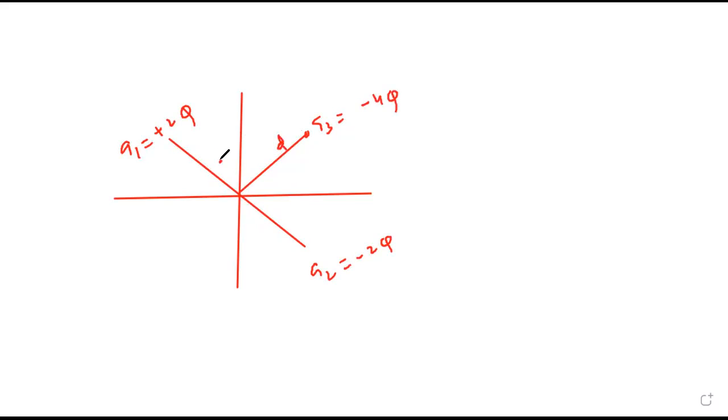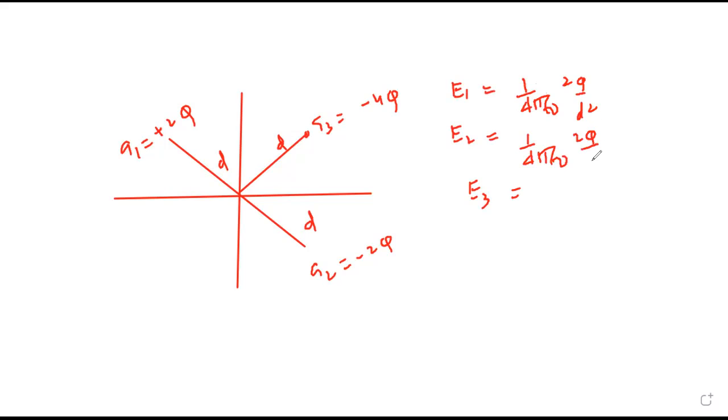So clearly magnitude of Q1, Q2 field will be same and Q3 will be double. E1 is 1 upon 4 pi epsilon naught 2Q upon d square. E2 same. E3 is 1 upon 4 pi epsilon naught 4Q upon d square.